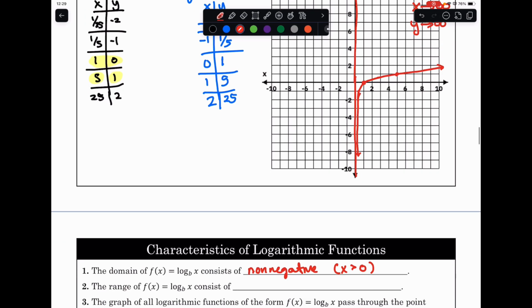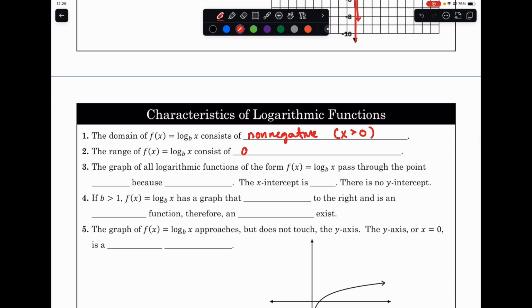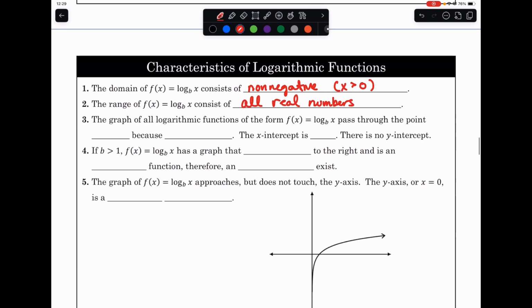So the range here is all real numbers, which makes sense because these are the inverses of exponentials, so they're going to be the opposite. The domain becomes the range, and the range becomes the domain, which is the opposite of what we saw in the section on exponential equations and their graphs.